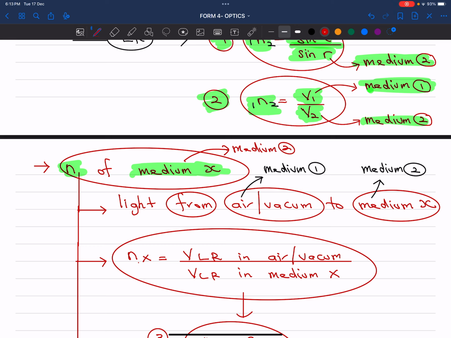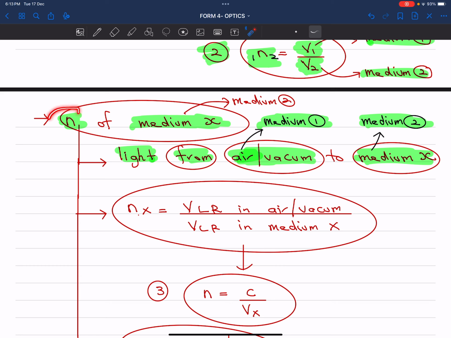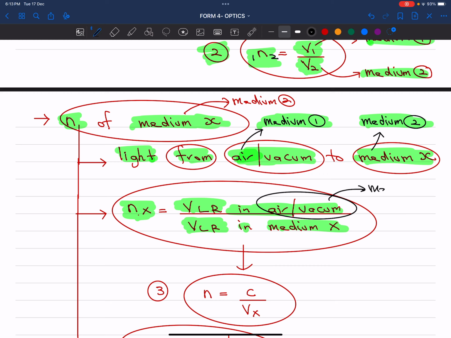Light is entering into medium X. So when they mention refractive index of medium X, it means the light is traveling from air or vacuum, which is medium 1, into medium X, which is medium 2.